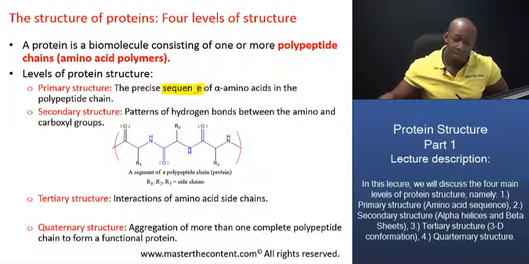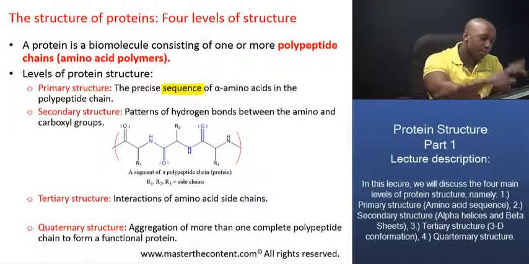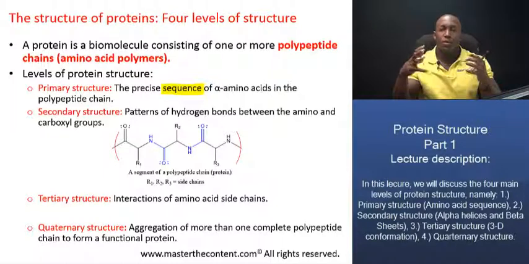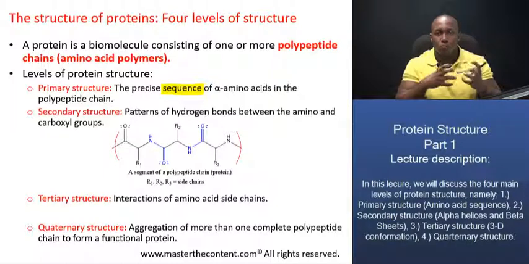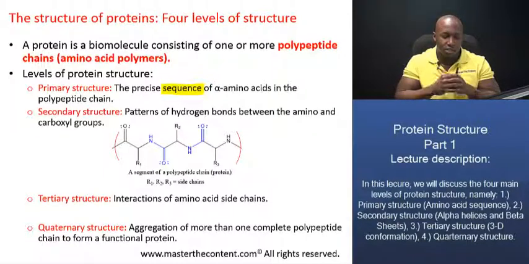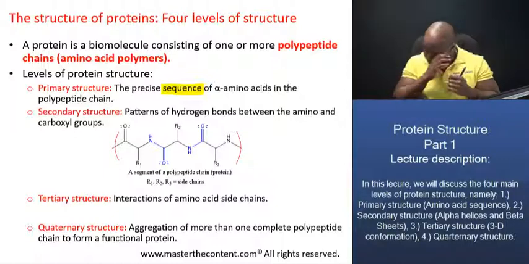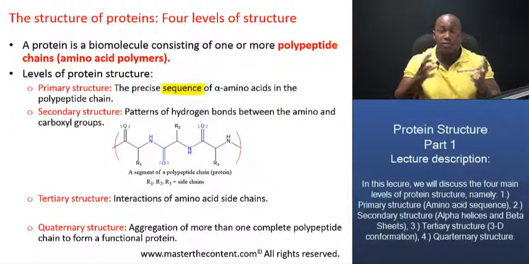Now, the tertiary level of organization is basically what happens when the protein actually starts to fold or conform in a three-dimensional way. So the tertiary level of structure basically refers to the geometry of a protein, and it's actually caused by interactions of the amino acid side chains.